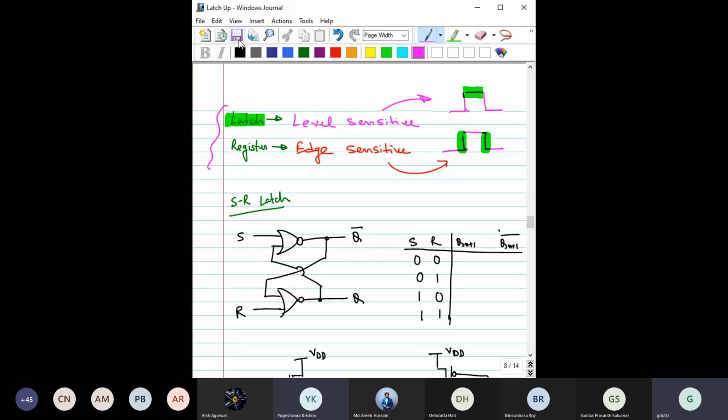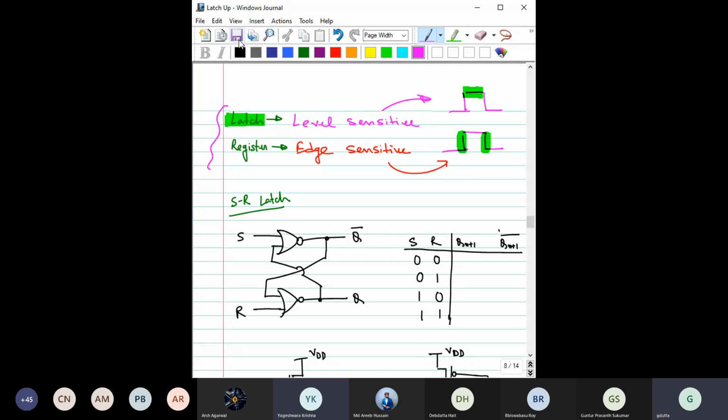Let me ask you one thing. Is a flip-flop edge triggered or level triggered? A flip-flop can be both edge triggered and level triggered. So there might be one confusion there.